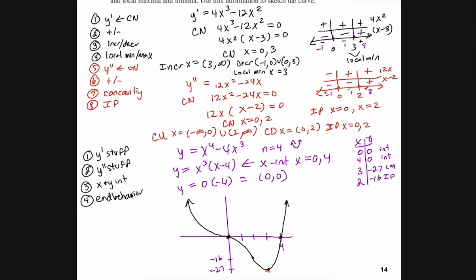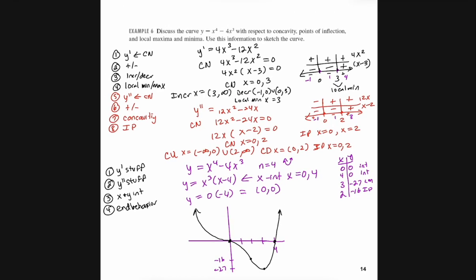We have a local min at x equals 3, the point 3, negative 27. We are decreasing concave down, decreasing concave up, decreasing concave down, decreasing concave up, increasing concave up for the rest of eternity. So there you go. So we have everything put together.